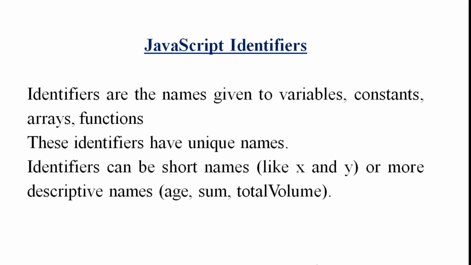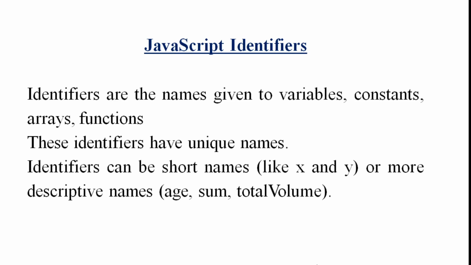Next, coming to JavaScript identifiers. If we want to assign a name to a variable, constant, array or function, then we call them identifiers. These identifiers have unique names.